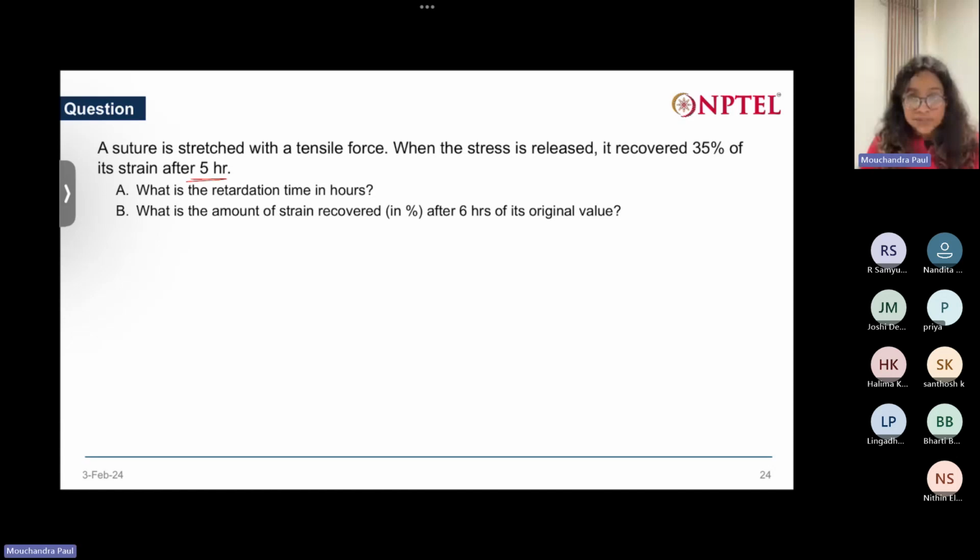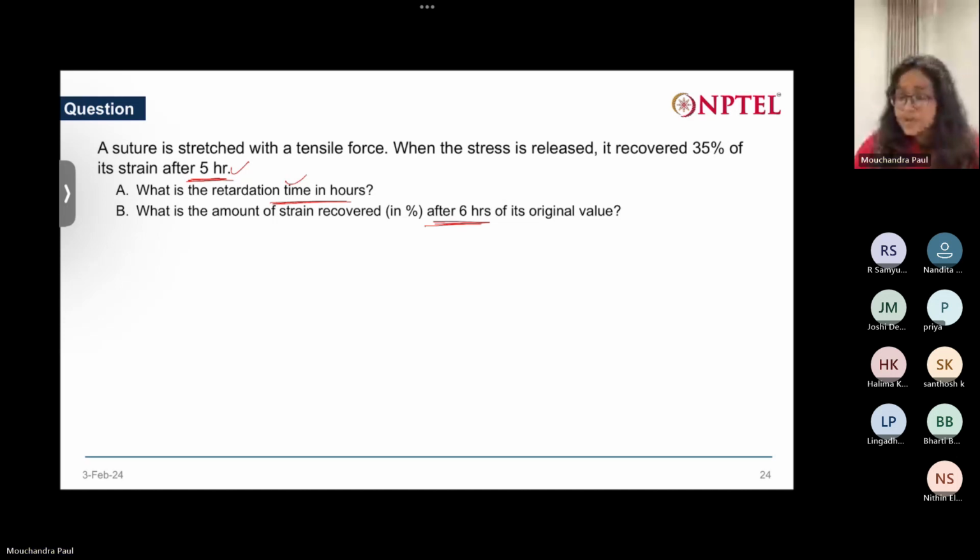You have to calculate the retardation time in hours. Also, you have to calculate the amount of strain recovered in 6 hours. First calculate for 5 hours to get the retardation time value, then using this value, calculate the amount of strain recovered in 6 hours.